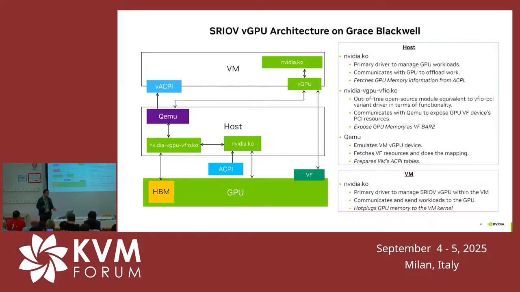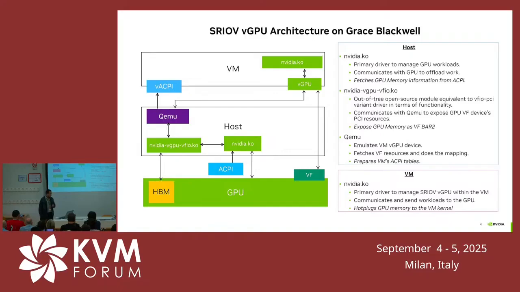It also communicates with the GPU to offload the work. The things that are done differently, I've put in italics. What it does is fetch the GPU memory information from the ACPI. That way it knows the base SPA and the size of the GPU memory.